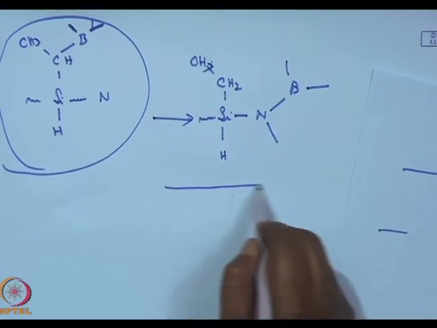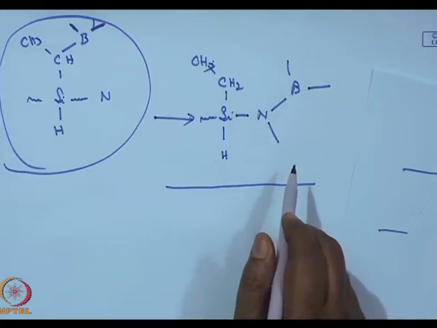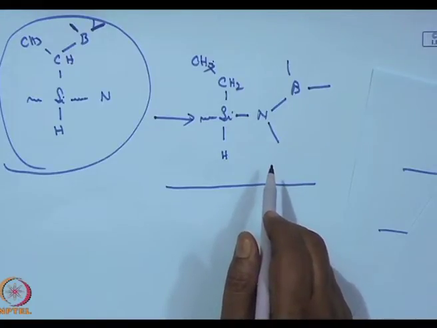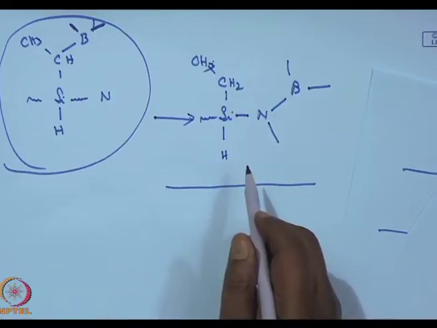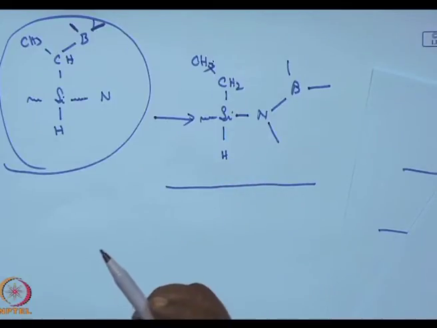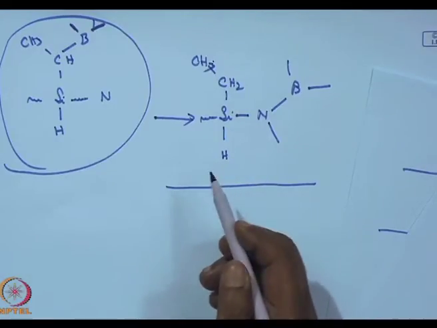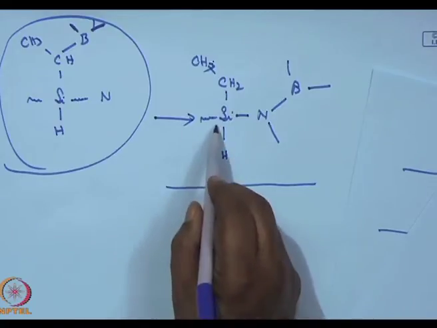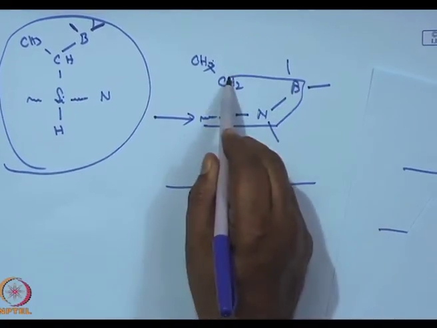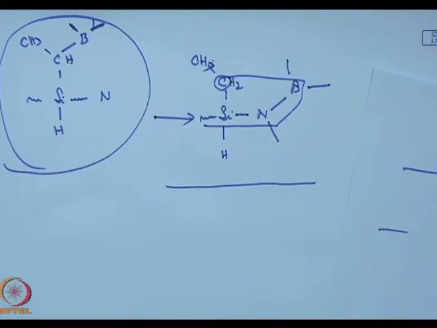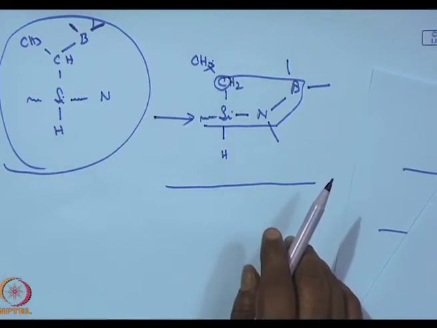Now, these types of materials are really coming into play, not as a composite. Please understand, this is not a composite, it is the same molecule which has got all the four: silicon, carbon, nitrogen and boron.